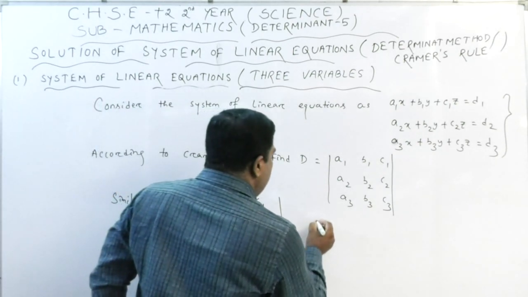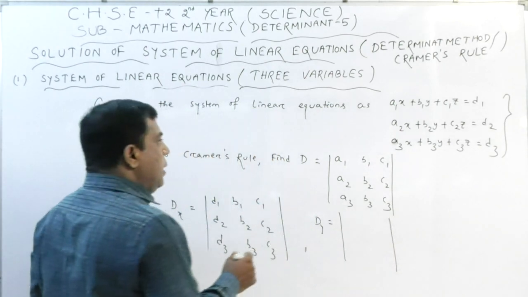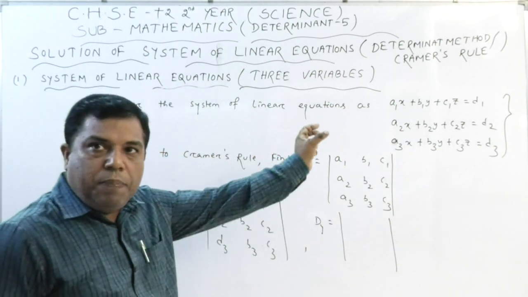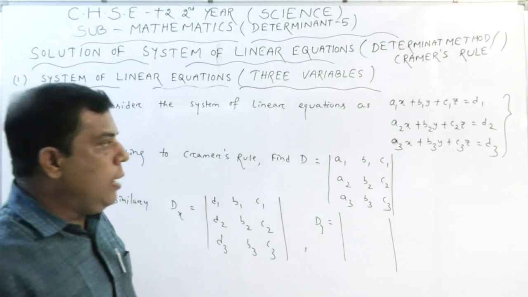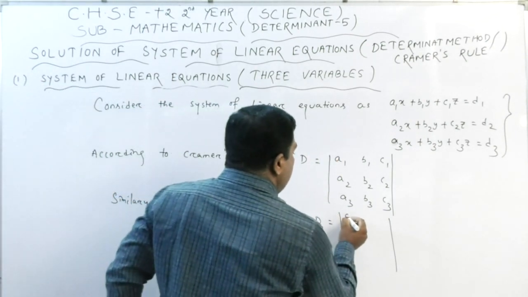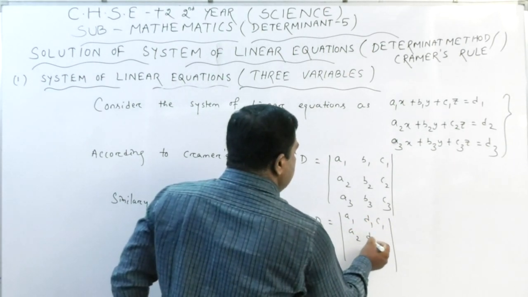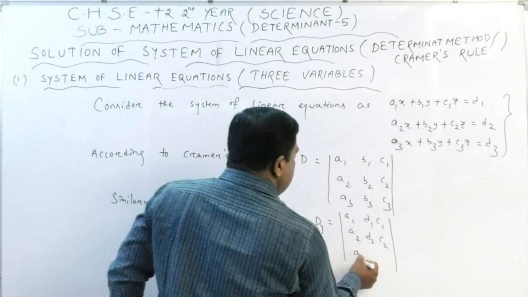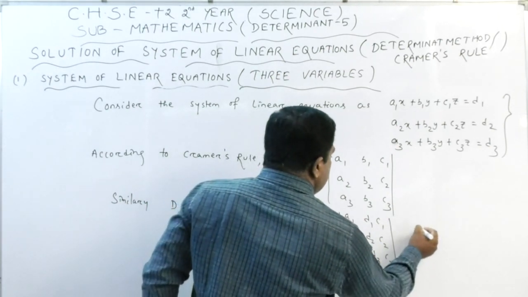And similarly we have to find Dy. It is the determinant replacing the coefficients of y by the right side values: a1, d1, c1, a2, d2, c2, a3, d3, and c3. And what is our Dz?